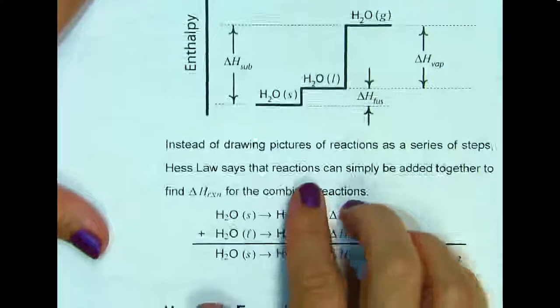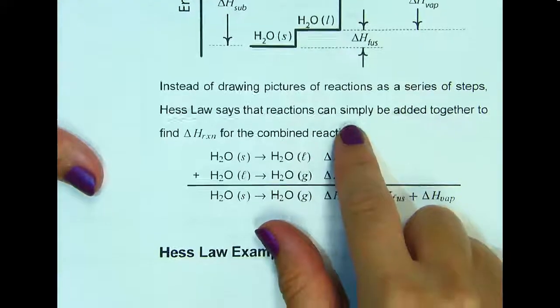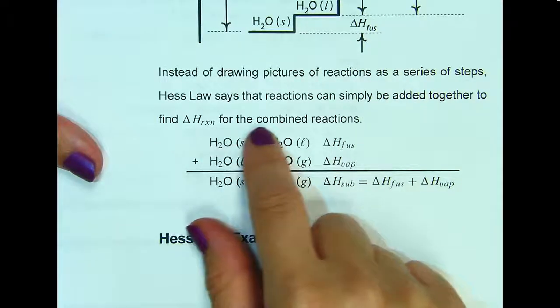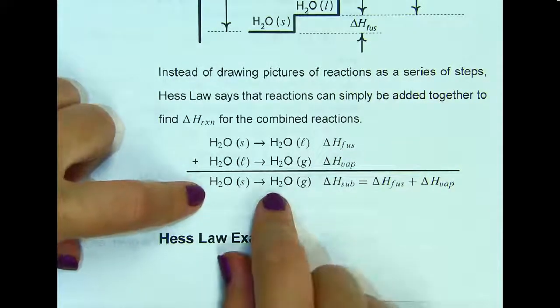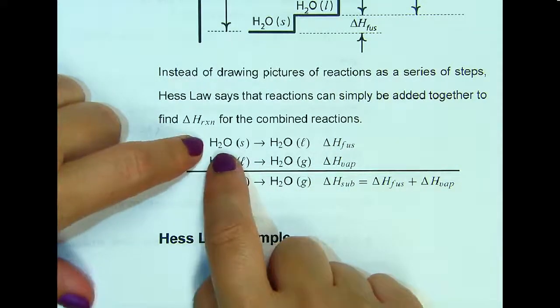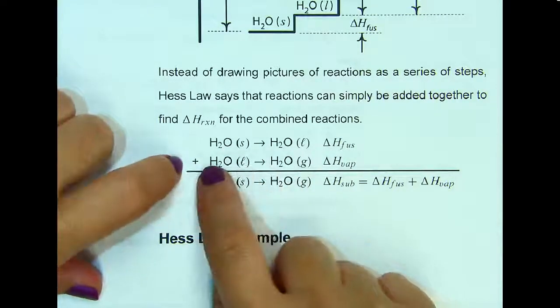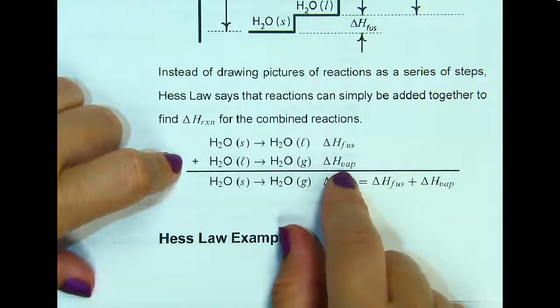Instead of drawing pictures of reactions as series of steps, Hess's Law says that reactions can simply be added together to find the delta H of a total reaction for the combined reactions leading up to the final reaction. For example, the delta H of fusion going from solid to liquid can be combined with the liquid to gas step, which has a delta H of vaporization.